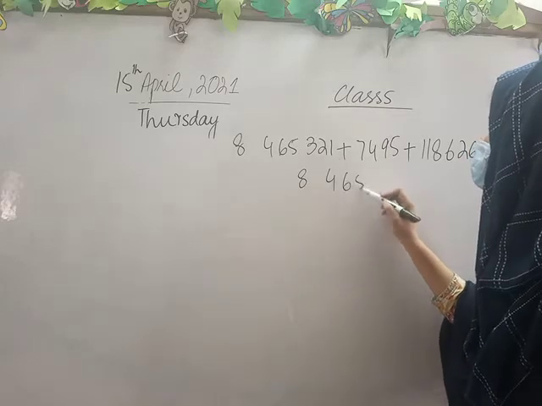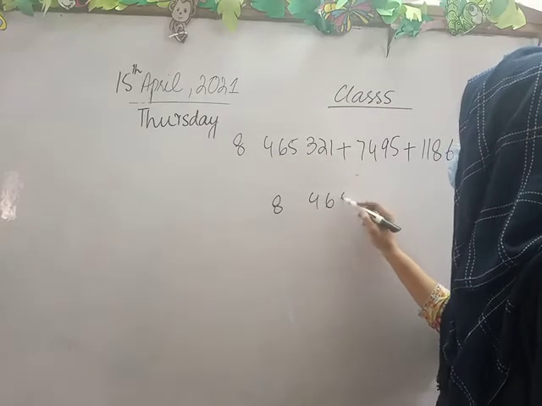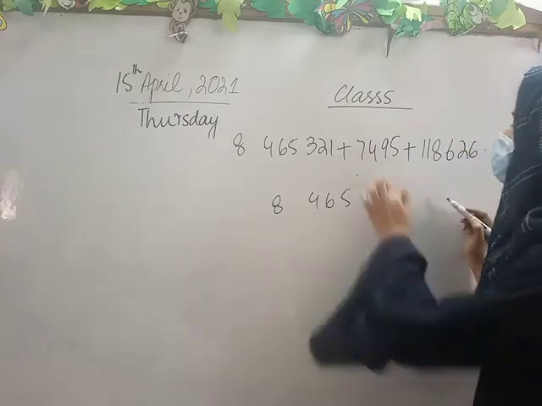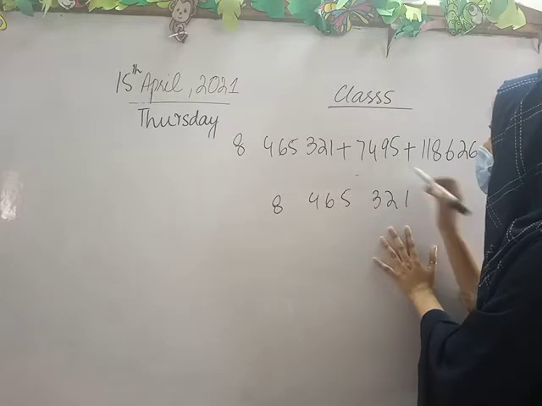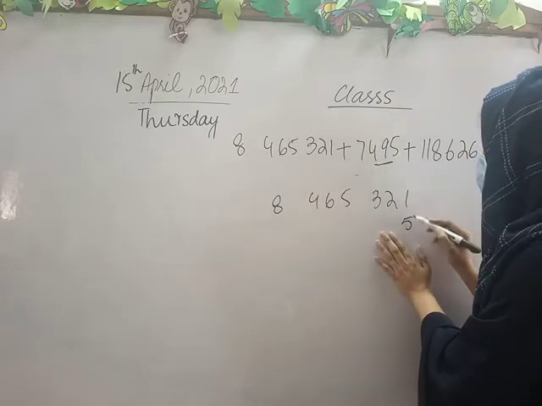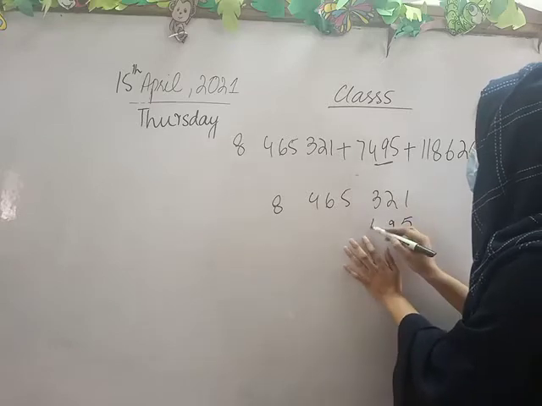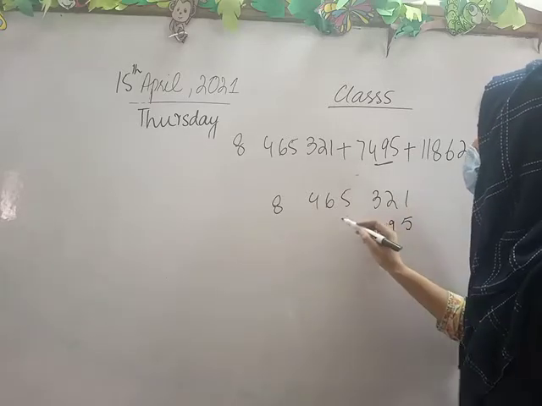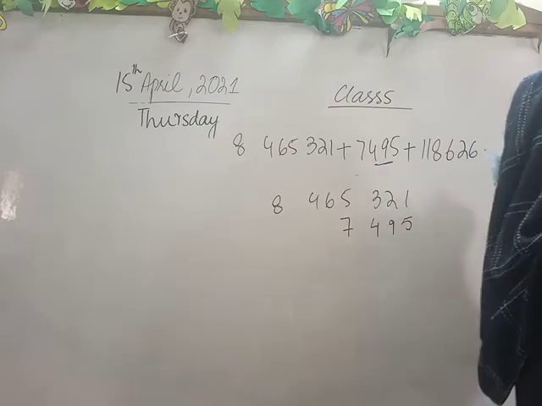8 space 465 space 321. The next number is 7495. Starting from this side, 5 is below 1, 9 is below 2 and 4 is below 3. Now the next number is 7, which is below 5.